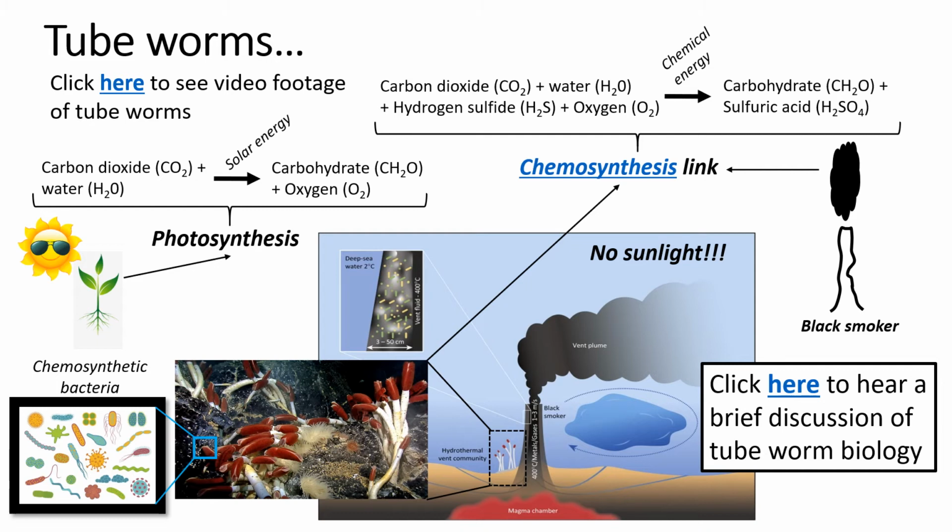And what's so interesting about these tube worms, and you'll learn all about this if you explore the links here and here in the PDF version, is these tube worms essentially are just passive hosts for what are called chemosynthetic bacteria. And what the bacteria have learned to do is to accomplish a sort of modified version of photosynthesis underwater.